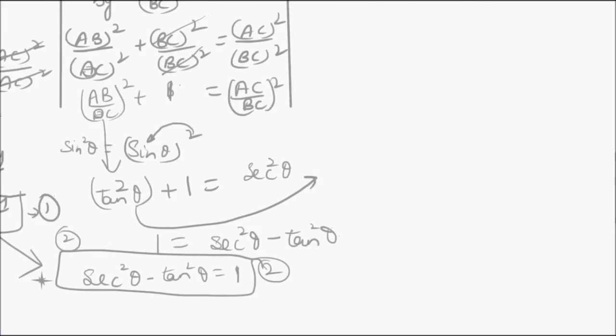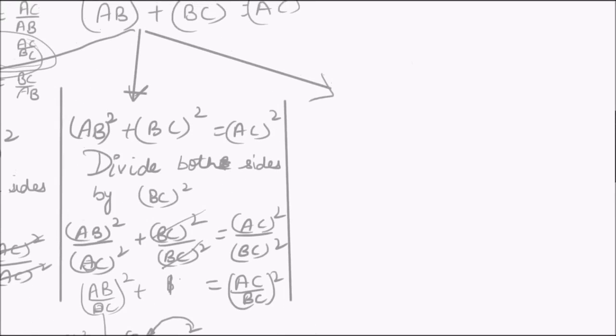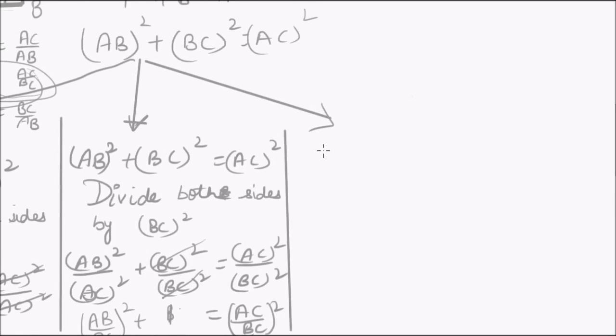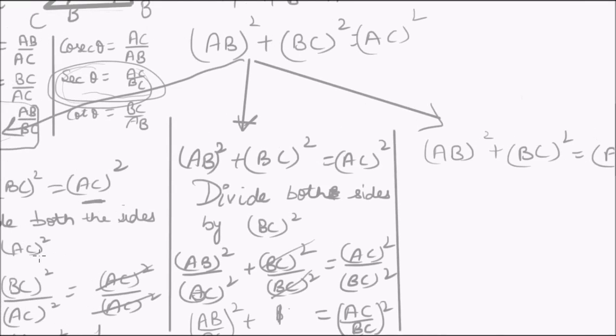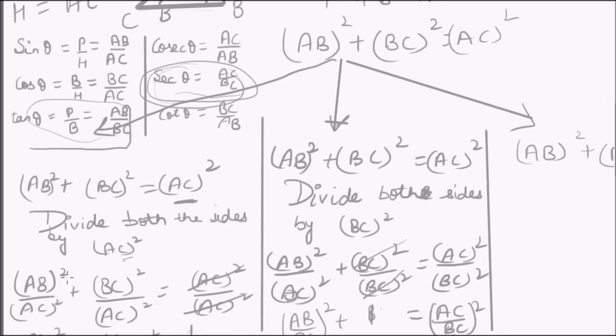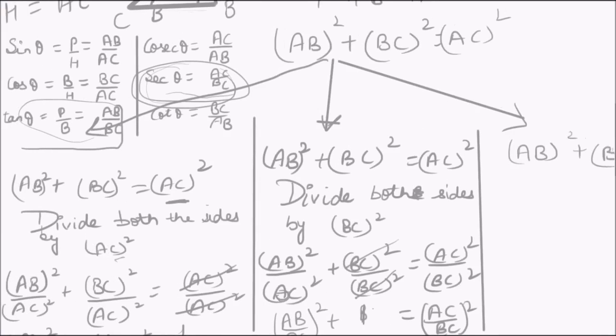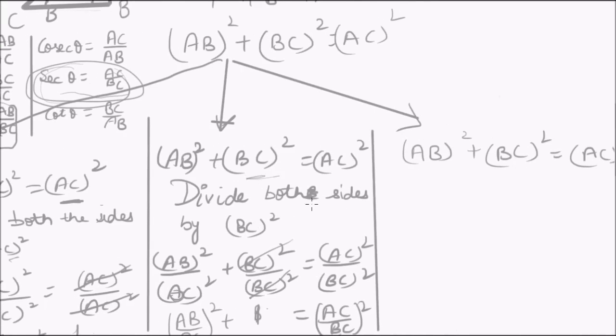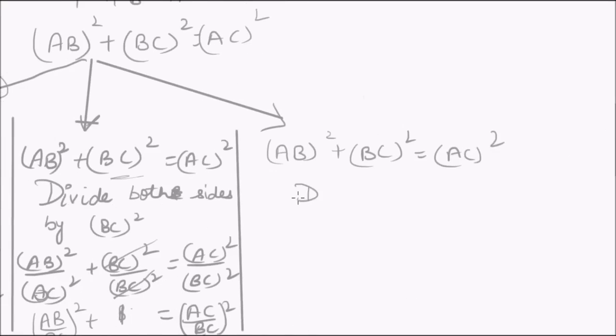Let us do another task. Now it is, I think, clear what we will be doing in this particular case. We have divided by AC whole square in the first part, and in the second part we have divided by BC whole square. So in the third part, just divide both sides by AB whole square.